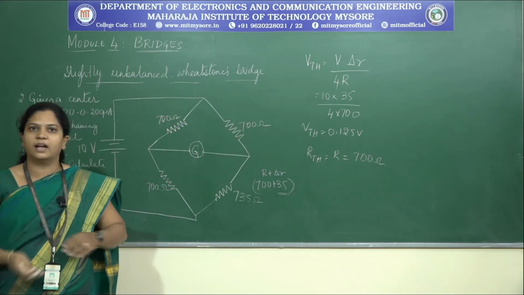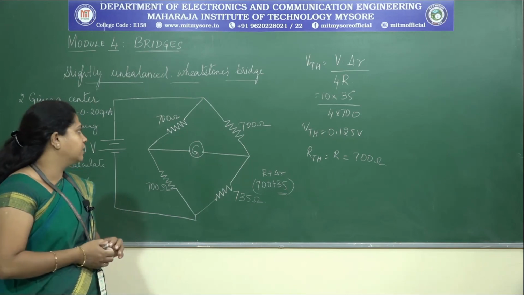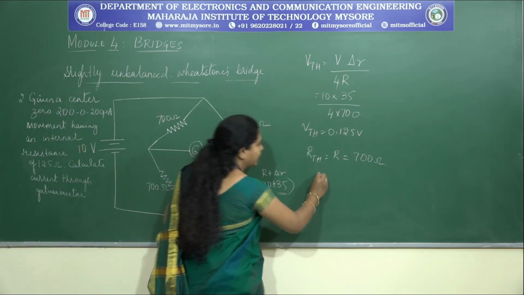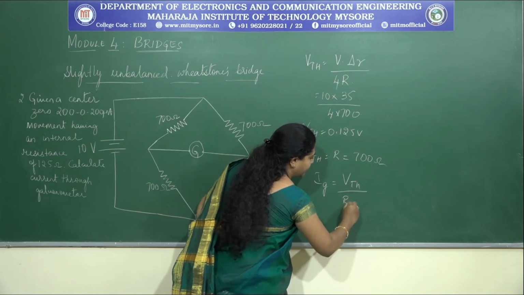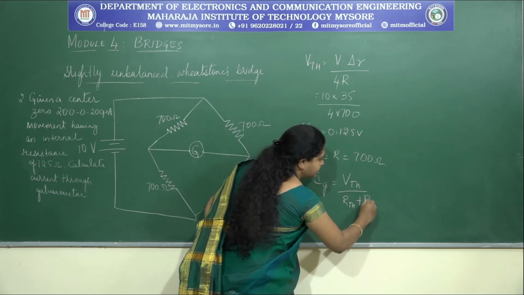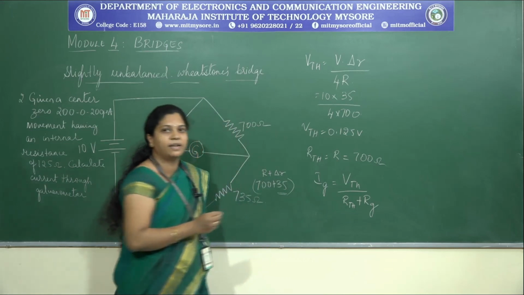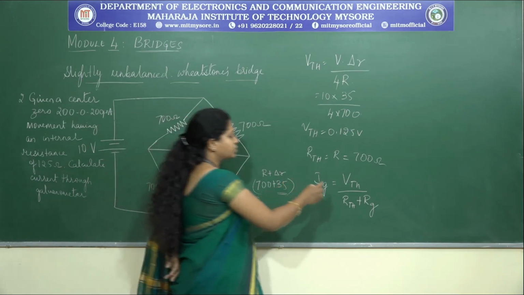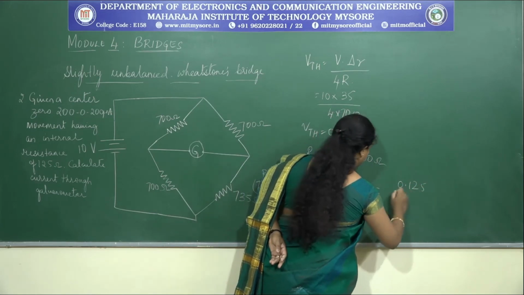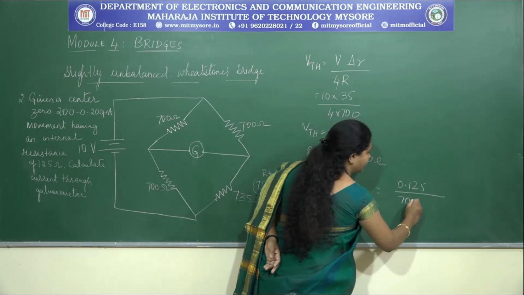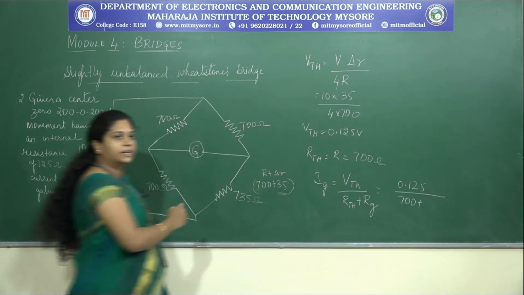Once you get V Thevenin and R Thevenin, can you find out the galvanometer current? The galvanometer current is equal to V Thevenin divided by R Thevenin plus the resistance of the galvanometer. So the Thevenin's voltage that you have got is 0.125, divided by R Thevenin, which is 700, plus the galvanometer resistance.